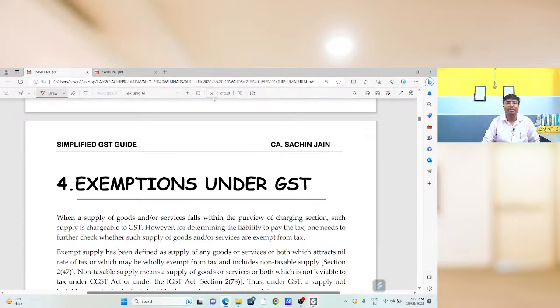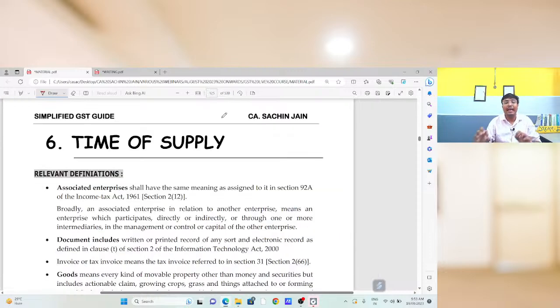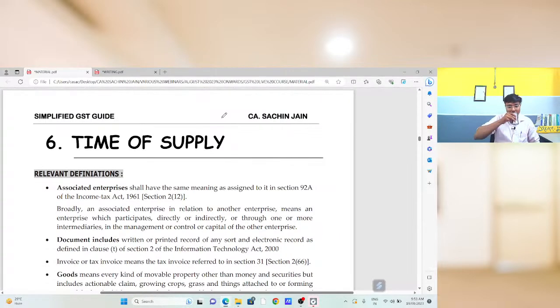So just confirm once that this is okay for you so that we can start our discussion on time of supply. I am expecting a reply from each and everyone so that I get the idea that the complete concept is okay for you.